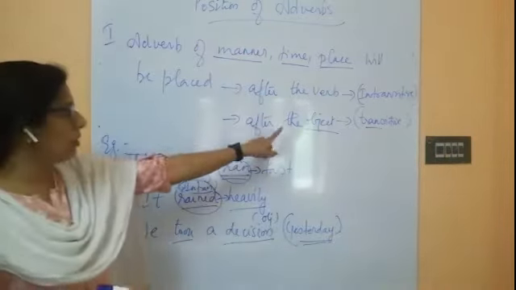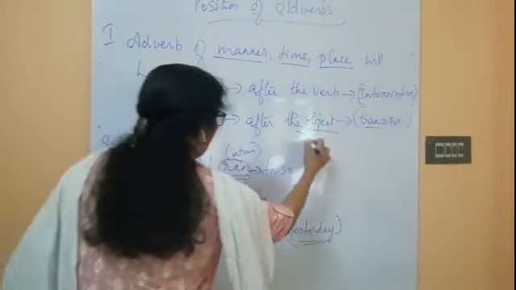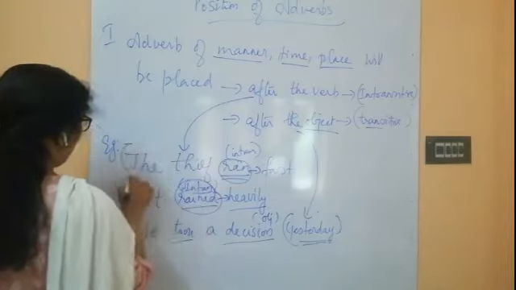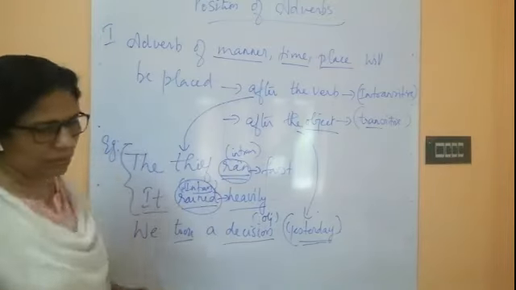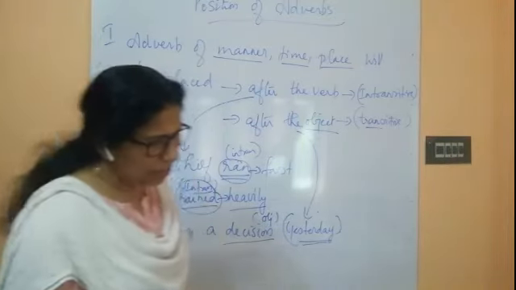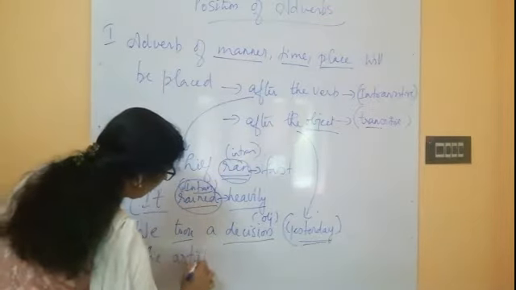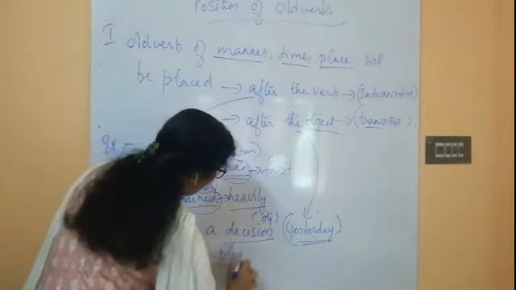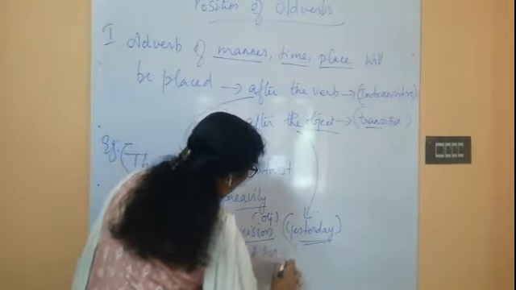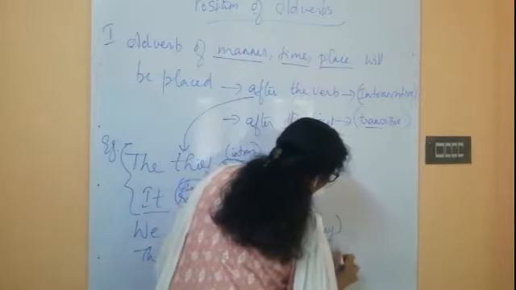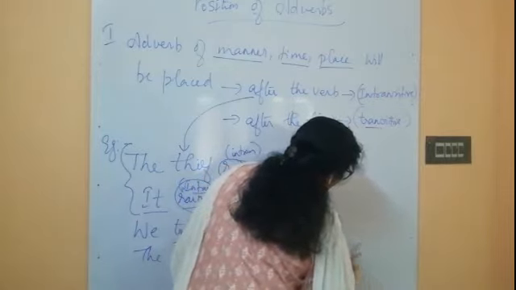So based on this rule, this rule is applied to these two examples. And one more: the artist played her part efficiently. The artist played her part how? Efficiently. How do we know that?